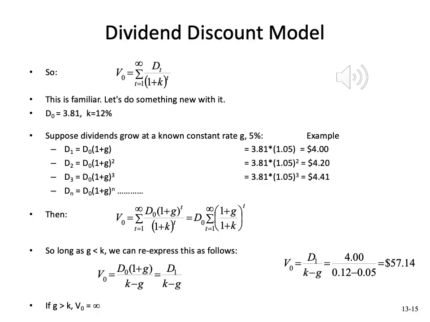Then we can simplify the general model. We can take out the D0, okay? Because now Dt becomes a formula of D0. So Dt equals D0 times (1 plus g) to the power of t periods, right? So D0 is a constant number. In our example, $3.81.